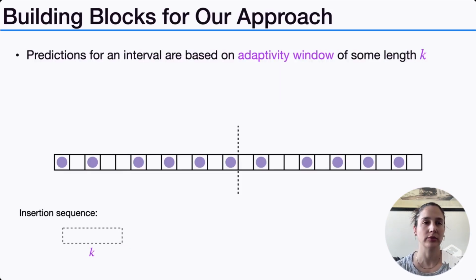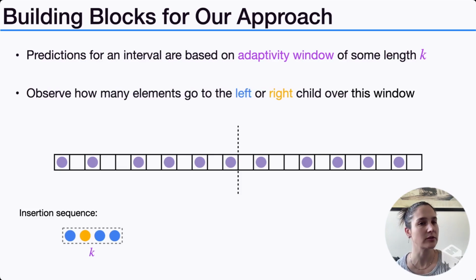So to give you a high-level overview of how we do this, our predictions for an interval are based on what we're calling an adaptivity window of some length k, which I'll talk a little bit later about how we choose. So this is similar to what we saw before. The adaptivity window is the number of inserts over which I observe how many go left and right. So in this example, it's 4, and I observe 3 inserts going to the left.